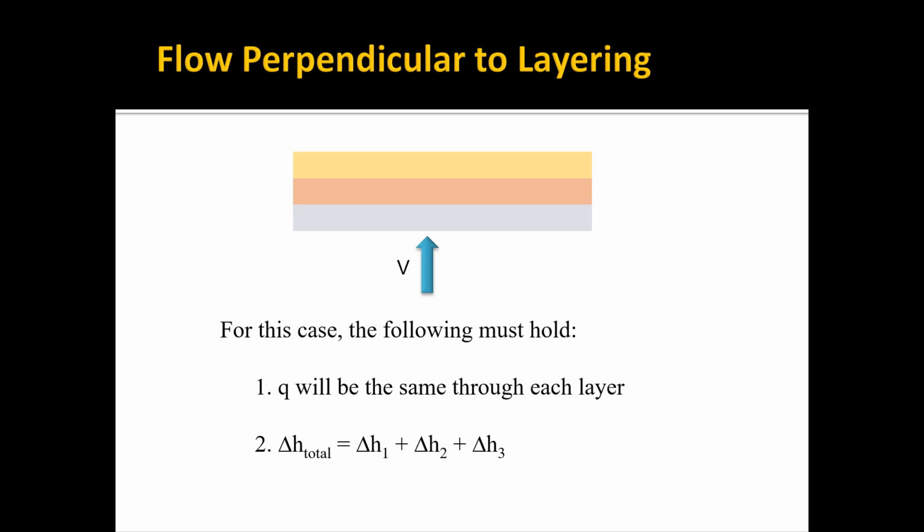So you're going to have a larger head loss in the low permeability layers versus the high permeability layers. And so whereas in the first case we had the same head loss, now the head loss in each layer is going to be different, but they are going to add up to the total head loss as you go from the top of the system to the bottom of the system, or vice versa.